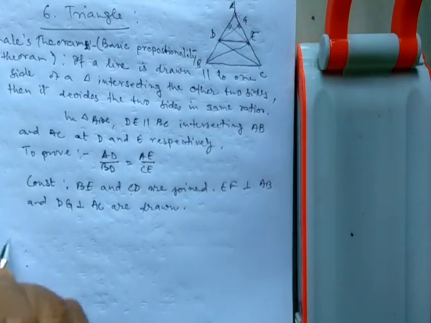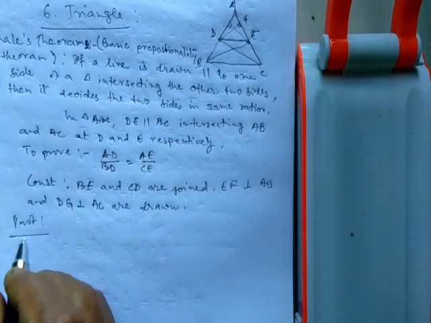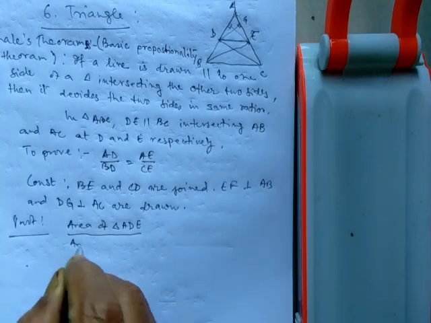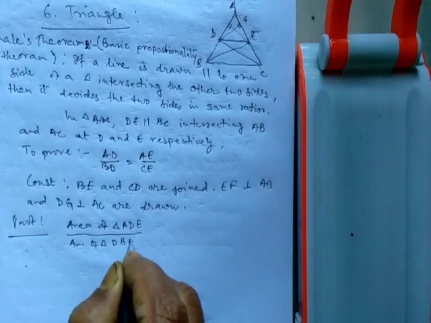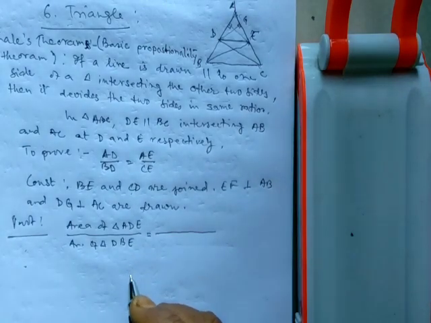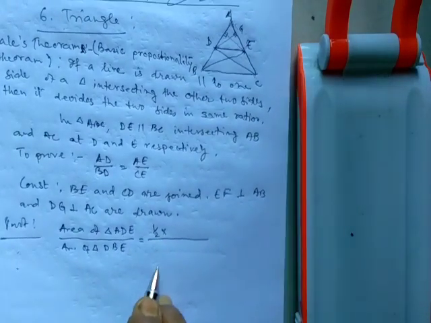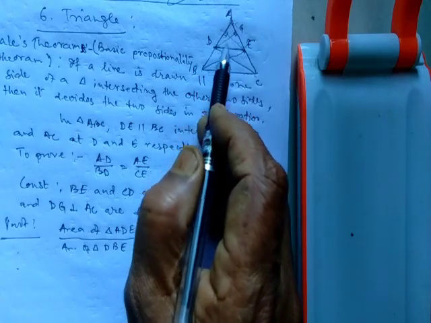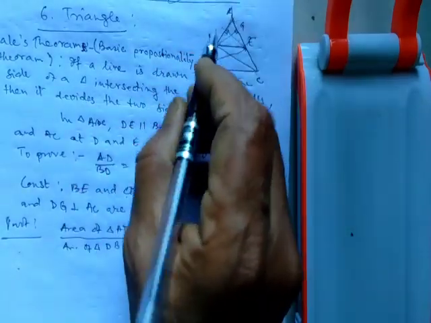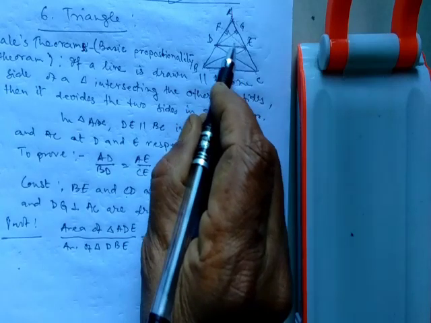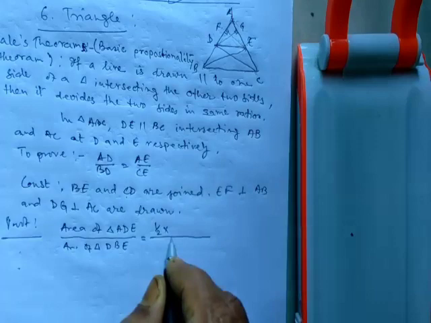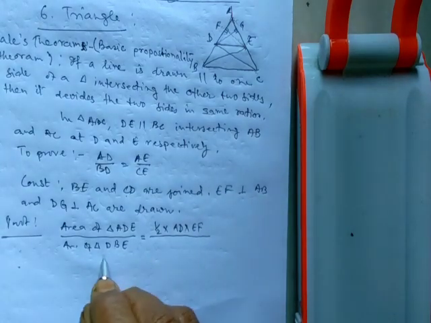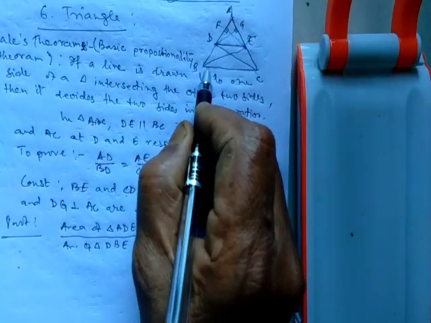Proof. Area of triangle ADE by area of triangle DBE is equal to, since the area of a triangle is half into base into altitude, half into base AD into altitude EF, by half into base BD into altitude EF for triangle DBE.